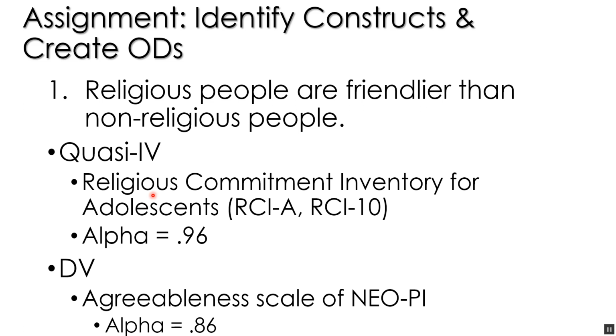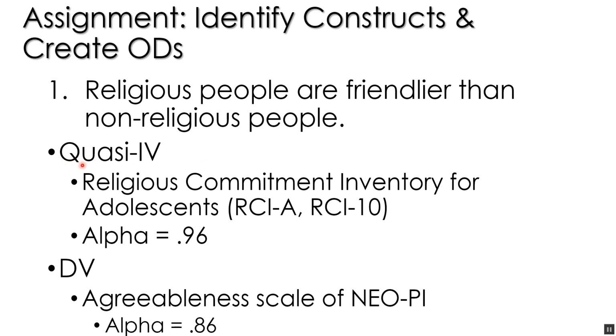This is an 11-item scale, I think. The Cronbach alpha is 0.96. It is valid and reliable. And then to measure friendliness, the agreeableness scale of the NEO-PI, the Big Five inventory. The agreeableness scale has a Cronbach alpha of 0.86.